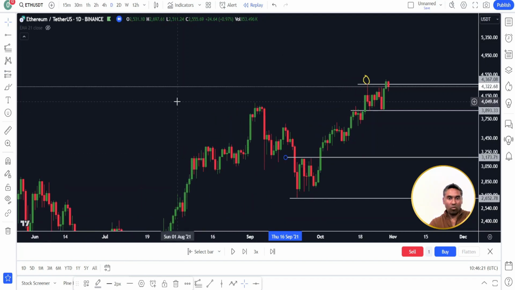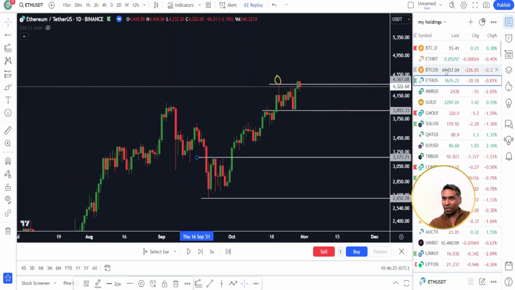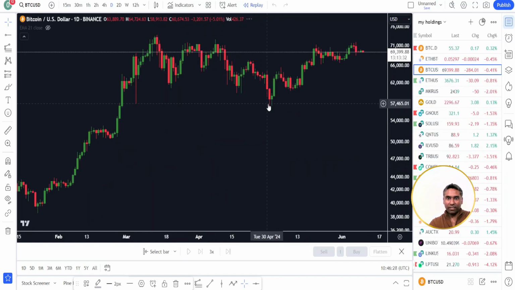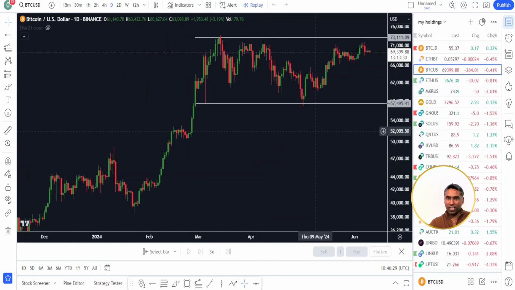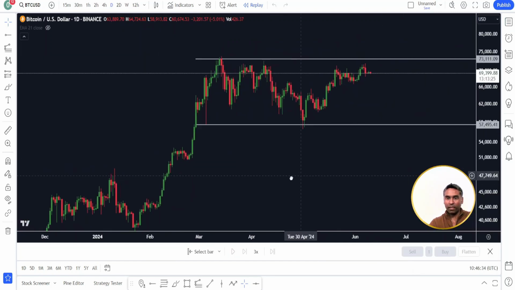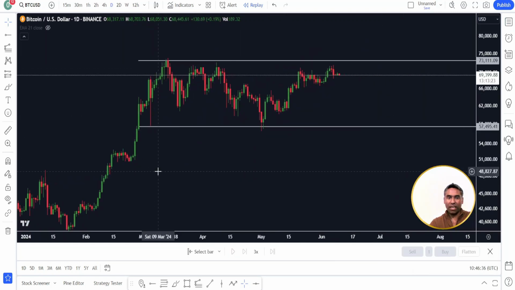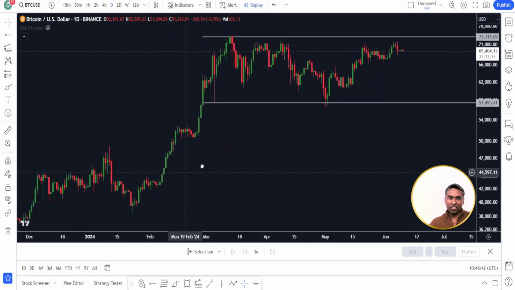Let me give you some more examples from recent charts. Let's open a BTC chart, and I think this has already been drawn. Yeah, this has already been drawn on my chart, that I drew my levels. Look, my levels are drawn. So this was the high, this was the low. So I draw a line there, and this is trending upward.